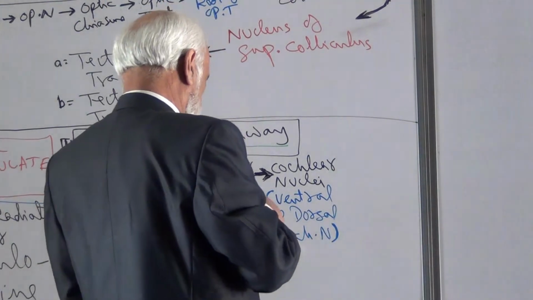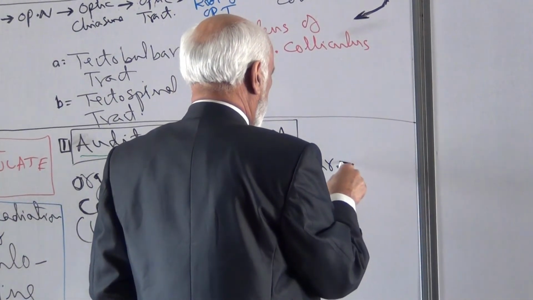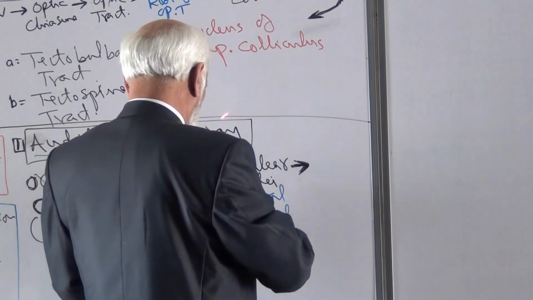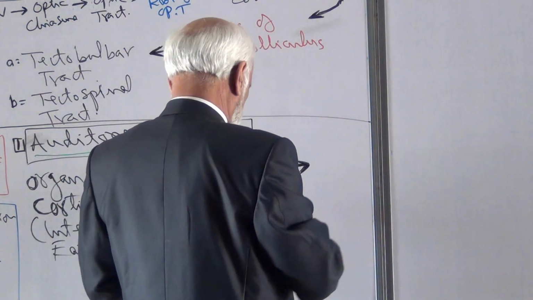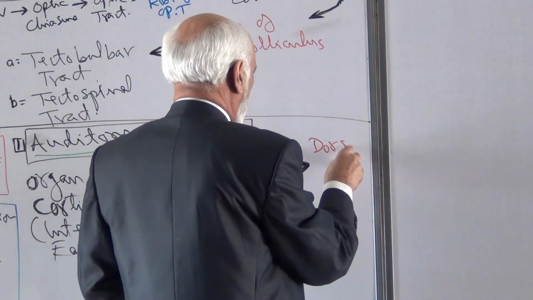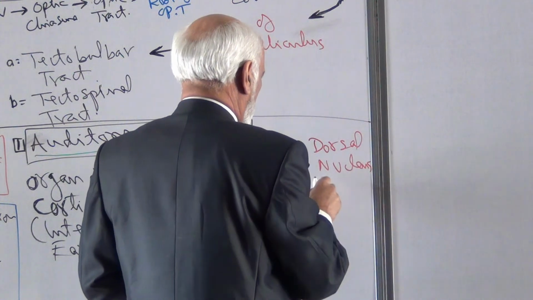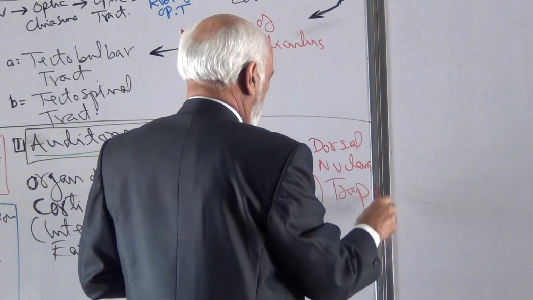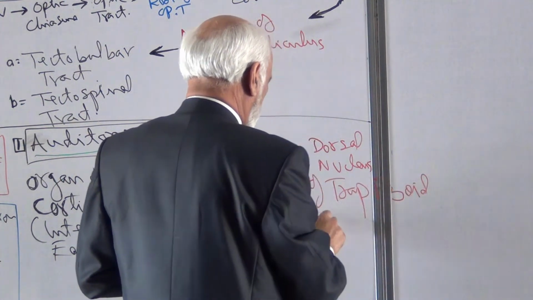Now from these cochlear nuclei, the fibers arise which relay in the dorsal nucleus of trapezoid body.